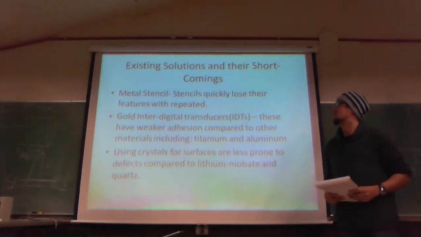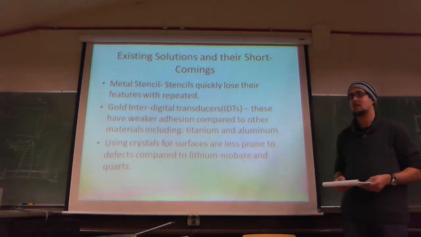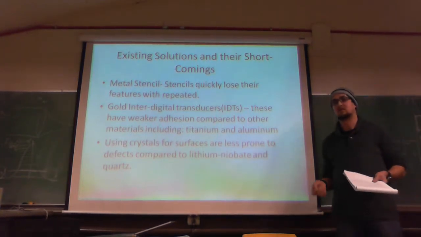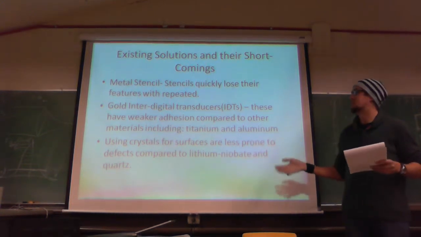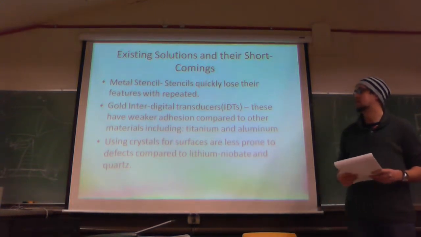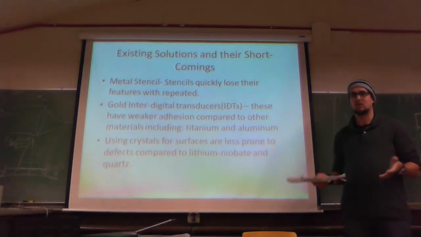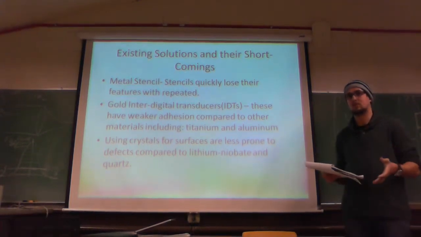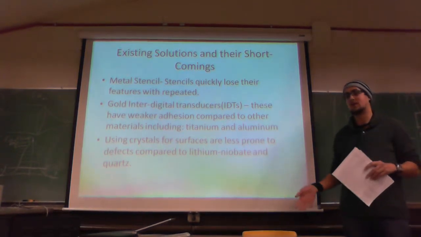Okay, so initially when they were creating this device, they used a number of metals such as aluminum, quartz, and gold, for example, but they found that using a crystal was more durable and stronger to use over time.